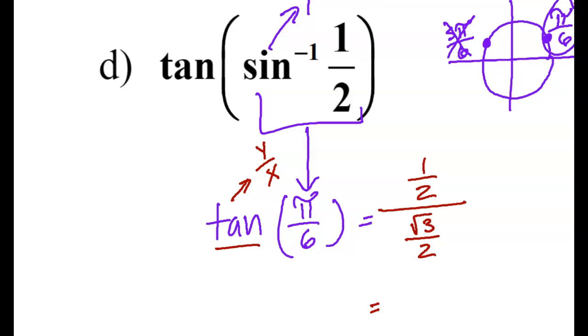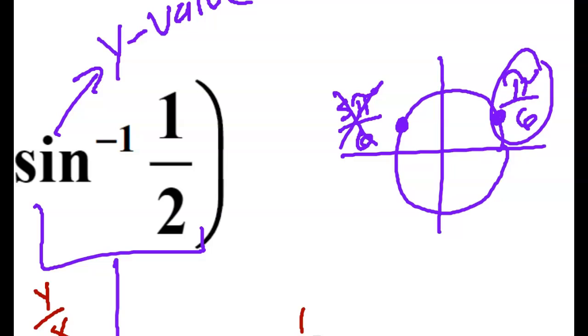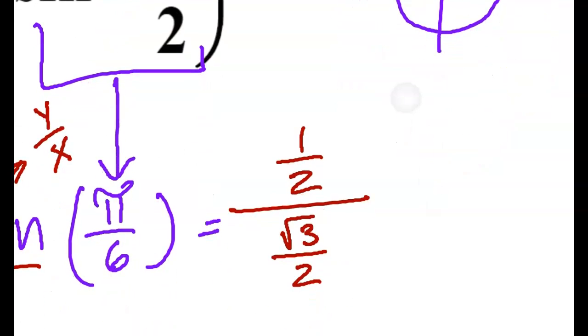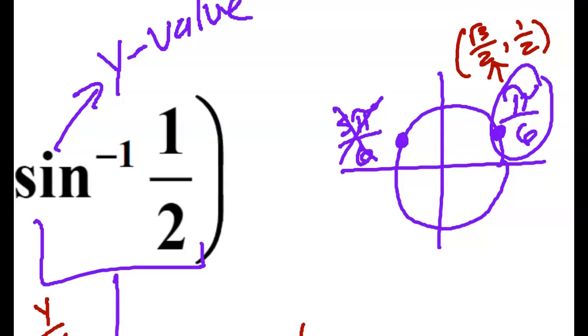At the angle pi over 6, the coordinate point is square root of 3 over 2, comma 1/2. So what I did was I put the y value of 1/2 over the x value of square root of 3 over 2. That's what we ended up with. Does that clear it up a little?